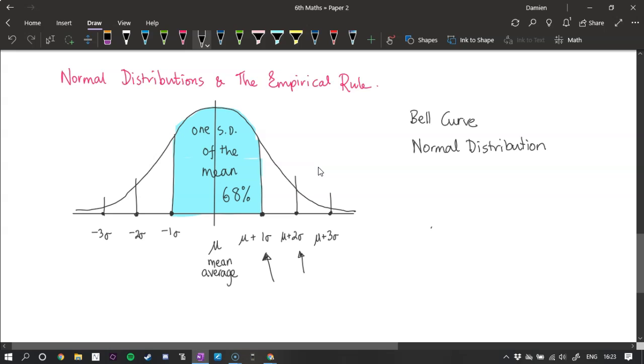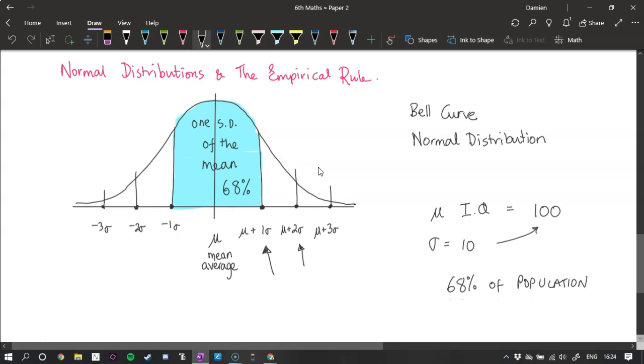That means if your average IQ across the whole country is 100, a value of 100, your IQ points is 100, and you're told the standard deviation is equal to 10 IQ points, then that means 68% of the population will be 10 above the 100 and 10 below the 100.